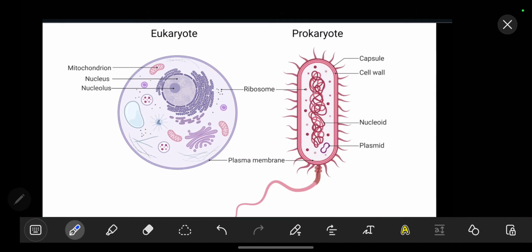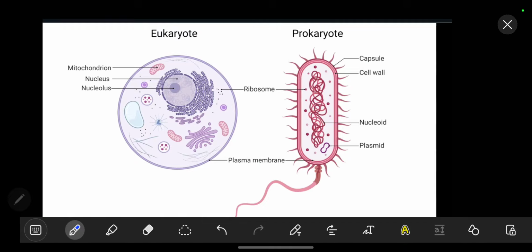However, in the eukaryotes, the DNA is bound in a membrane. This is why eukaryotes have membrane-bound organelles. Organelles are simply the vacuole, the nucleus, the mitochondrion, the chloroplast, and all that.